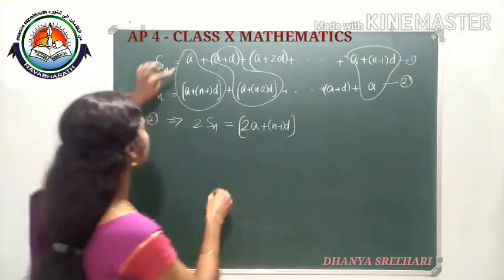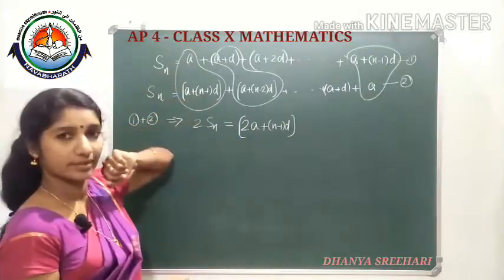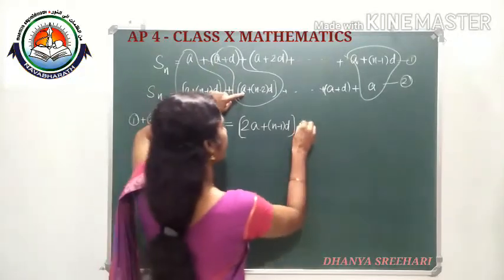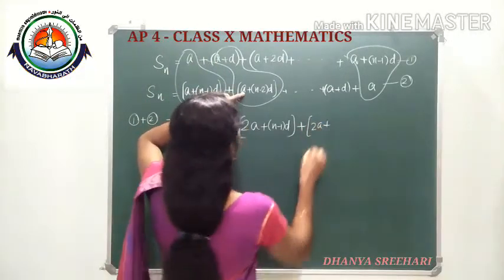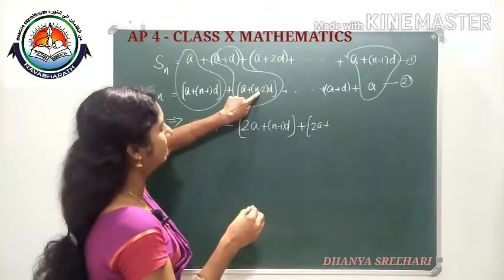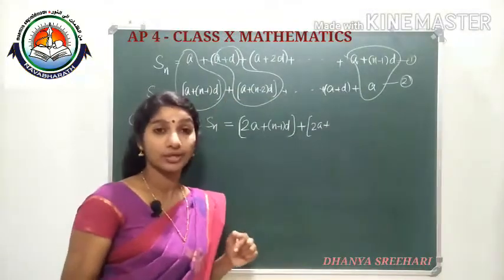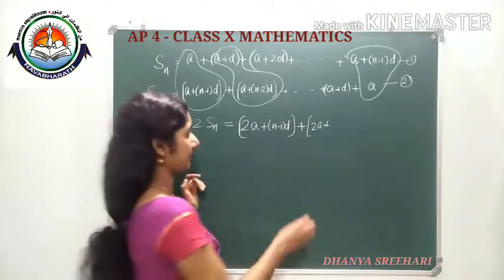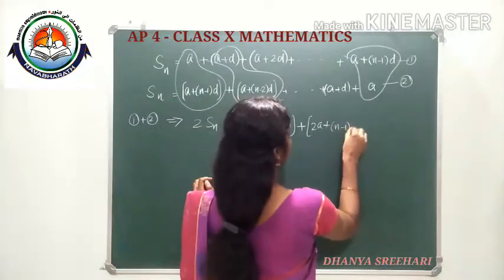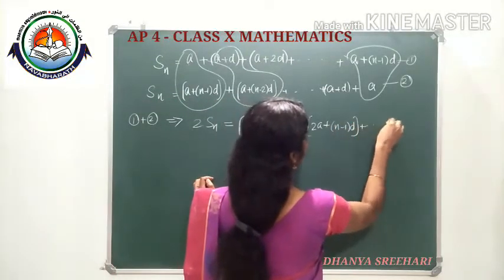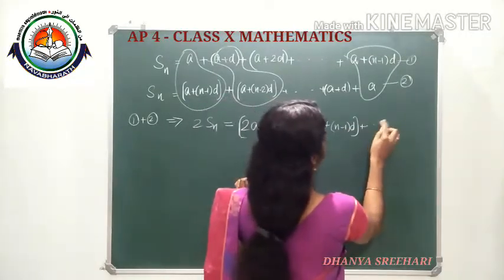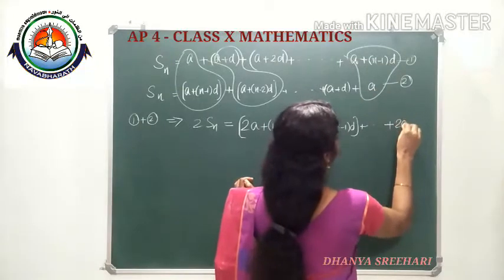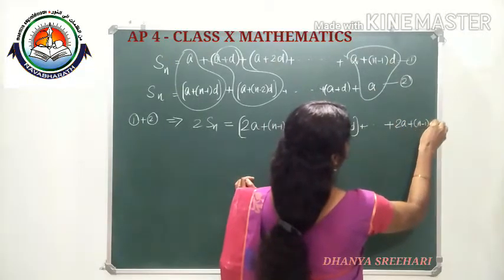Adding the next pair, a plus a gives 2a, and 1d plus n minus 2 times d gives n minus 1 times d. Like this, all the terms give the same result, and the last one also, a plus a, 2a plus n minus 1 into d.